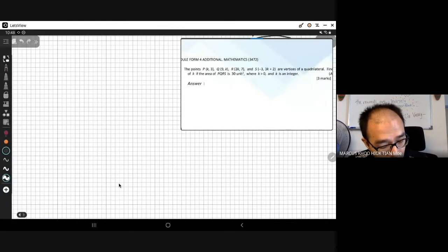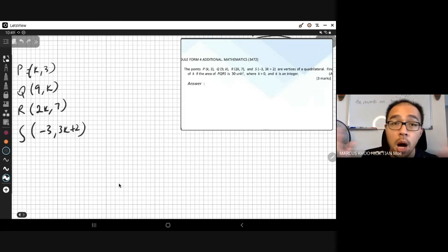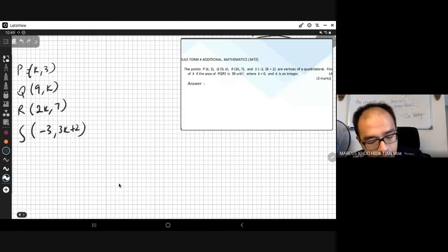P is K and 3. Q is 9 and K. R is 2K and 7. And S is negative 3 and 3K plus 2. So this one now is like, wow, a lot of things. Don't worry. Then they say that the area equals to 30 units squared.